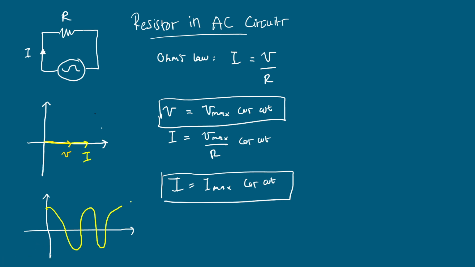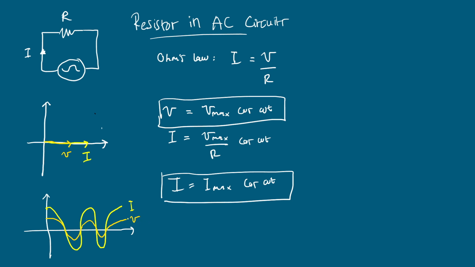And this one is the signal of I. And then the second one is the signal of V. So we're gonna have this with different values like this.